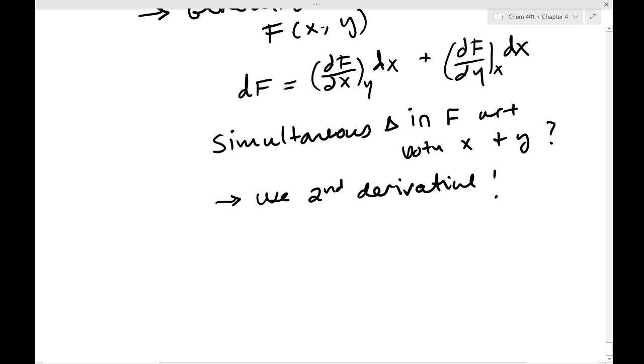Since this is a state function, it doesn't matter which order we go in. Order doesn't matter.